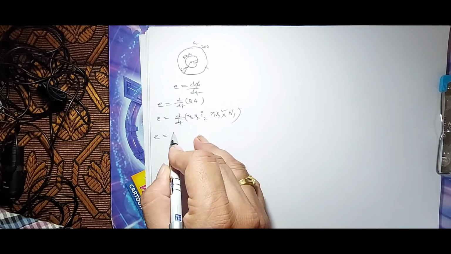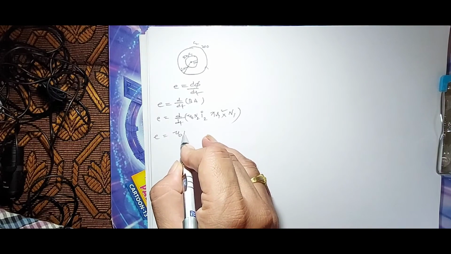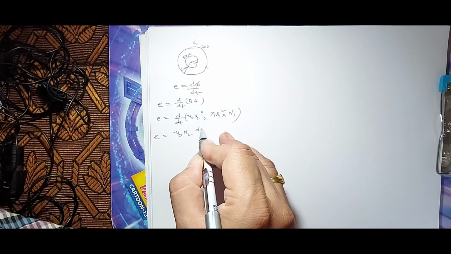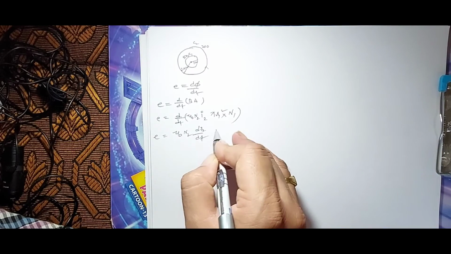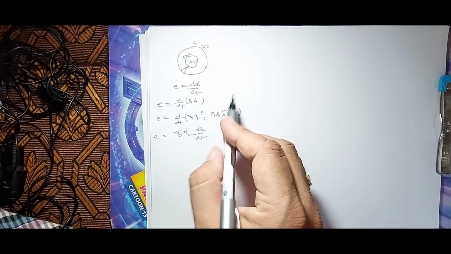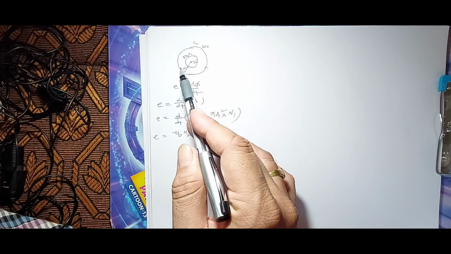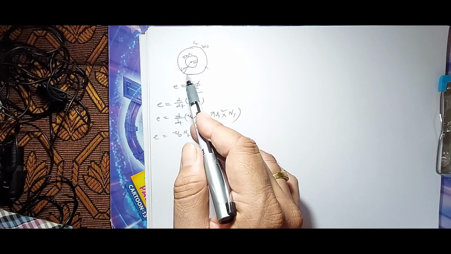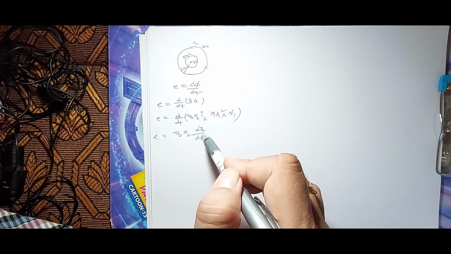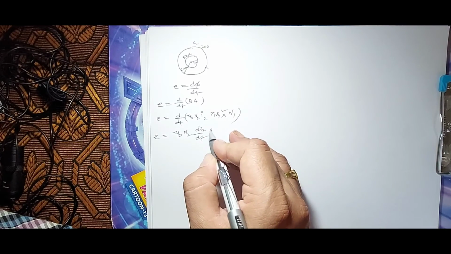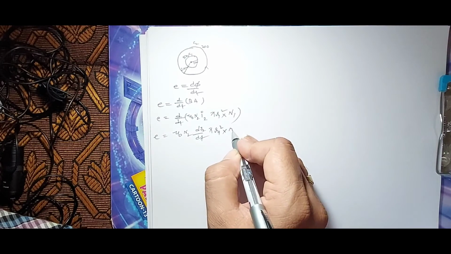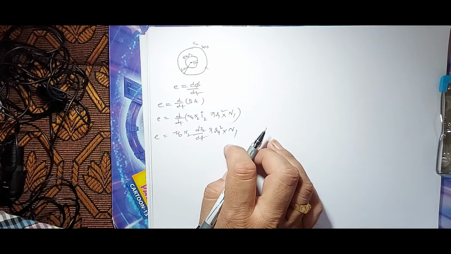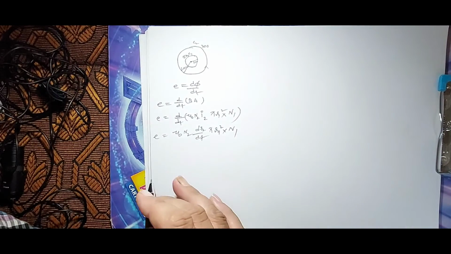So E is equal to μ₀N₂ di₂/dt, because the current in the outer coil is variable with respect to time, times πR₁²N₁.